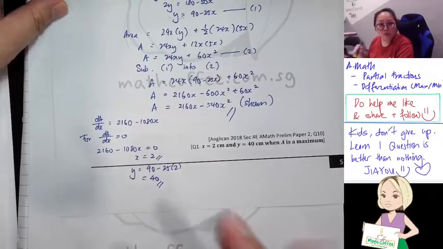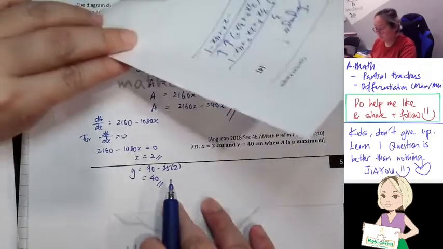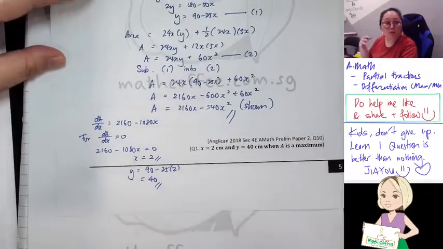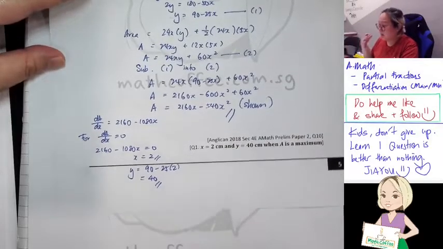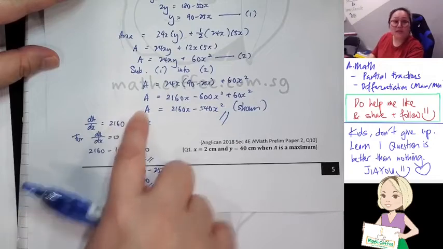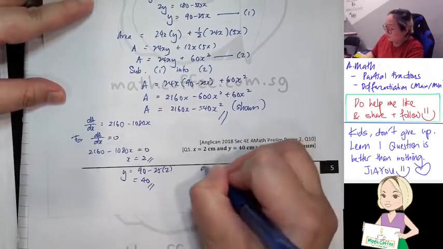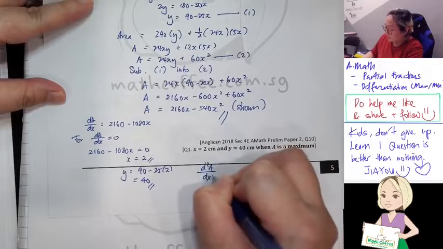Next is, I need to prove that it is a maximum. So how? I can do my second derivative test. Because look at your dA/dx, it's pretty easy to differentiate this one more time. So I'm going to do my d squared A/dx squared.